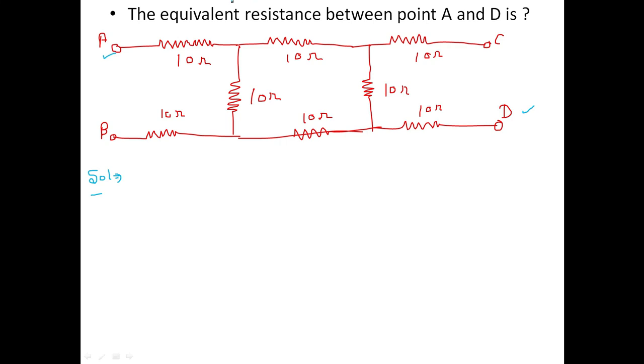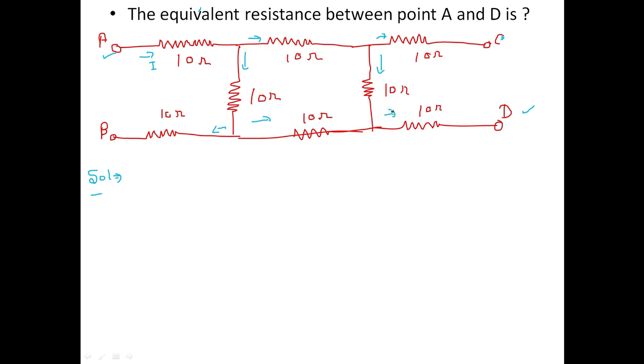Let's suppose the current goes from here, and then current would come here, and then the current would also distribute here, and after distributing here, the current would again distribute to this particular point and this particular point, and after this distribute here and here and then here.